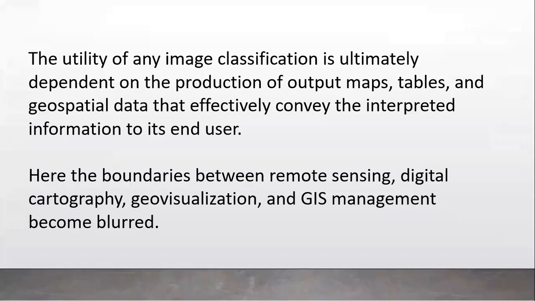The utility of any image classification is ultimately dependent on the projection of output maps, tables, and geospatial data that effectively convey the interpreted information to its end user. Here, the boundaries between remote sensing, digital cartography, geovisualization, and GIS management become blurred.